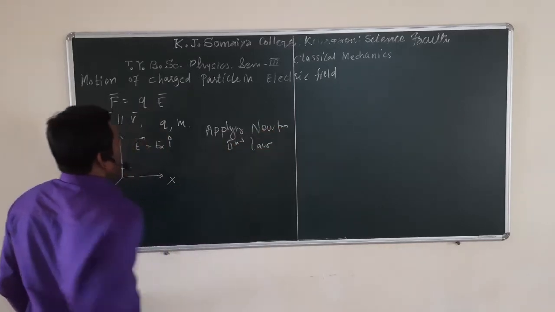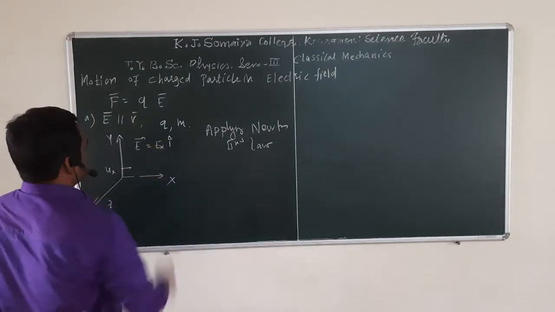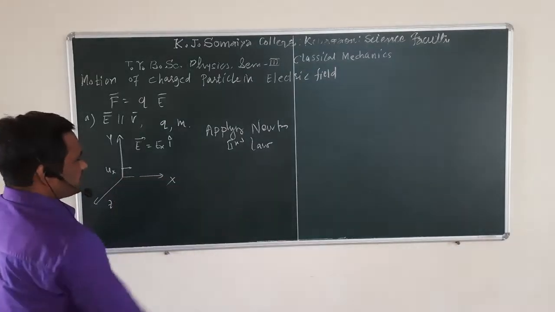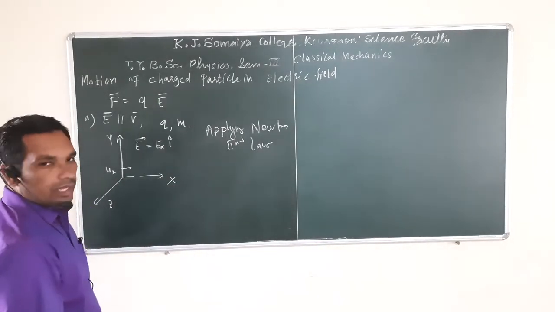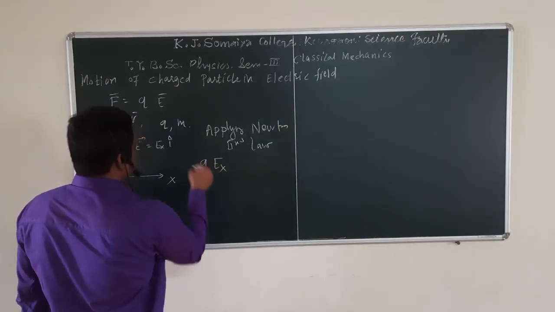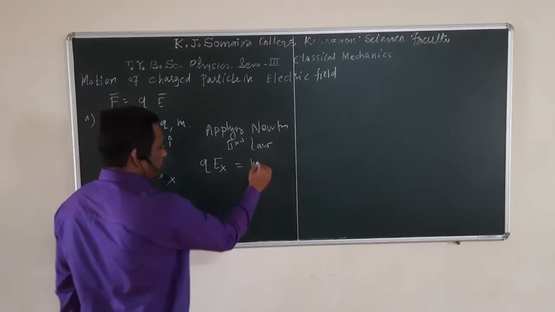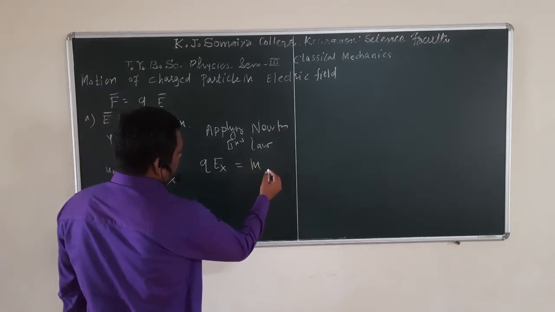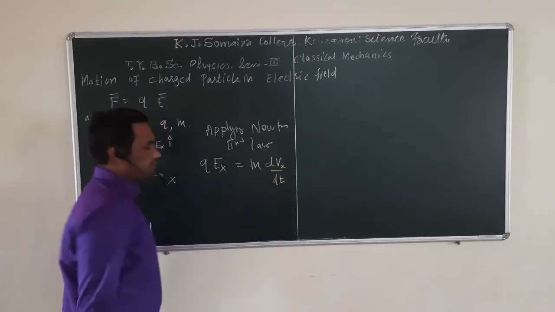So what is Newton's second law? External force is equal to mass into acceleration. Force is along only the x-axis, so we are going to take only the x component. External force is q into Ex, which is the Lorentz force, equal to mass of that charged particle m, and acceleration of charged particle along x-axis dvx upon dt.